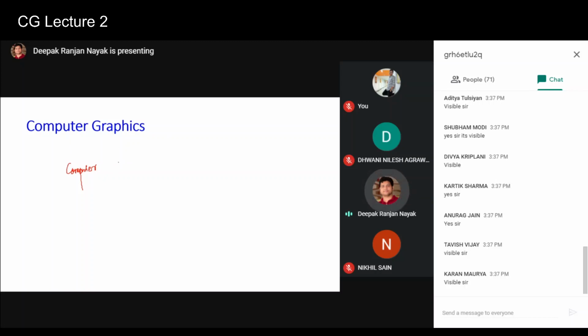So graph and then pix. I'm dividing it into different types, like geometrical shapes. Is it visible, whatever I'm writing?